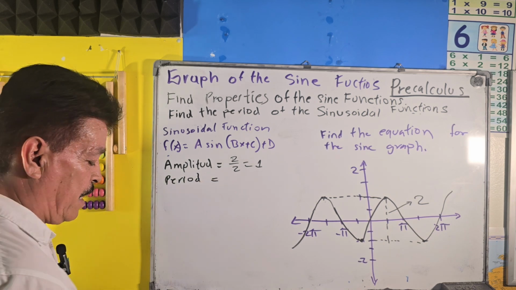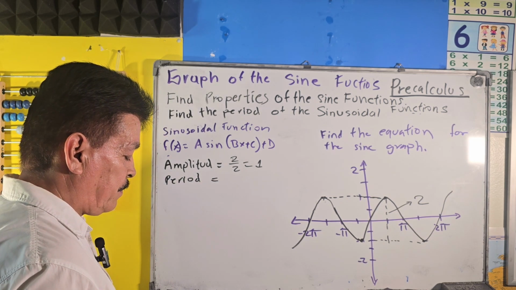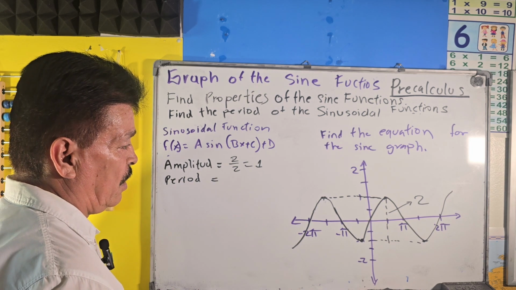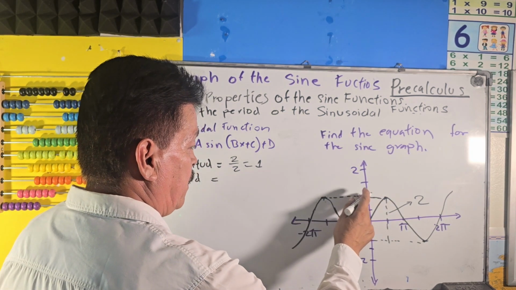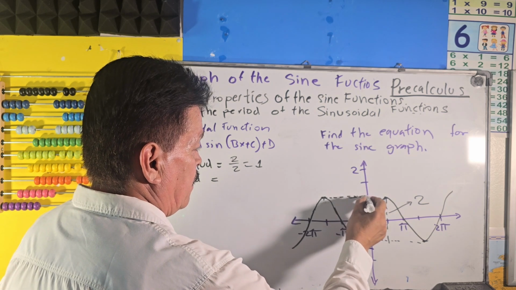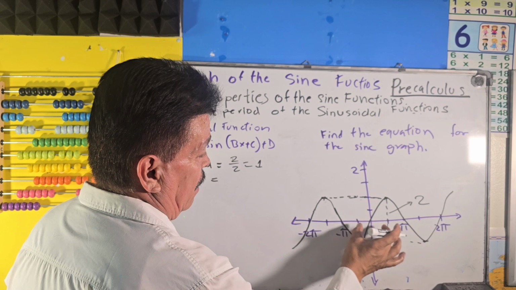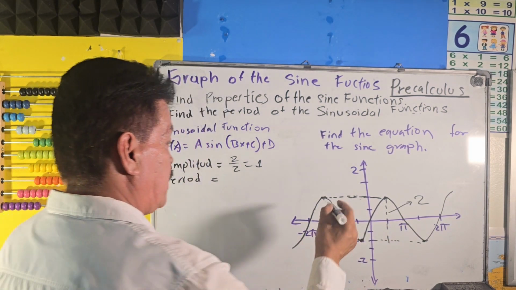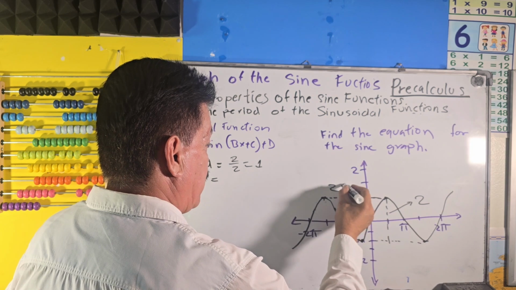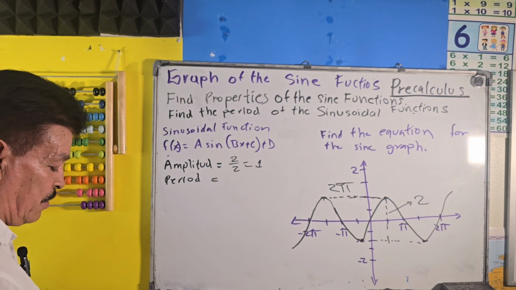Then we have to find the period. How do we find the period right there in our graph? The period is between 2 consecutive maximum points here. So what is the period here? It's 1 and 2, right? So it says 2 pi. Okay, that's the period.